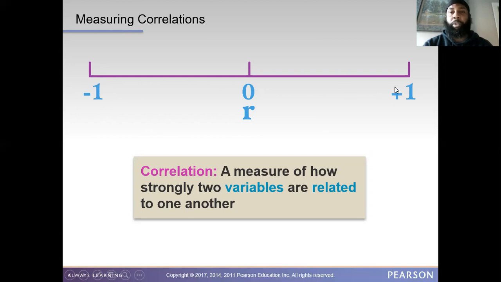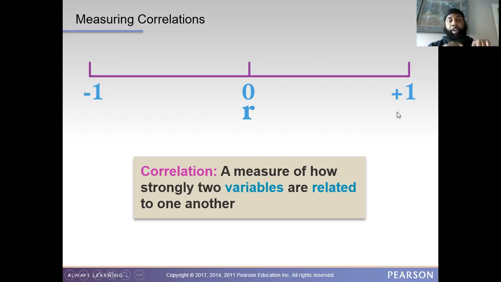So if we find a correlation of +1, it means that variable A relates to variable B 100% of the time. In other words, every time variable A goes up, variable B also goes up. But every time variable A goes down, variable B also goes down. So it's a perfect positive relationship.